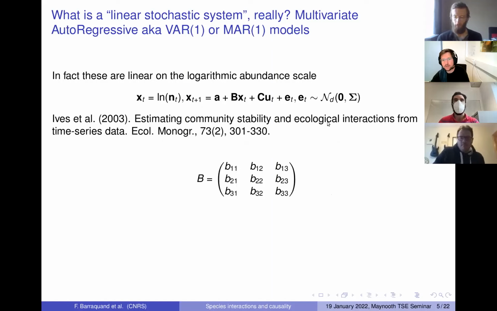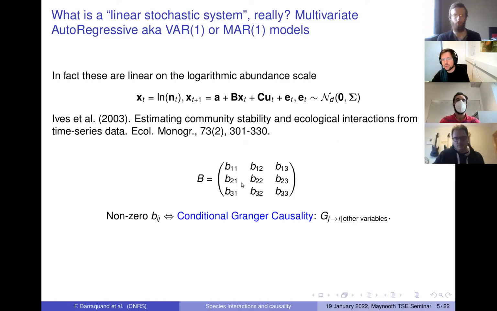And then you can add some other random fluctuations like those induced by the covariates U_t and random noise E_t here. So in this matrix, a non-zero entry means conditional Granger causality. So B21, for instance, is the effect of species 1 on species 2, conditional to all other species, and also all other abiotic variables. So it's a slightly different concept than the pairwise Granger causality that I showed you earlier.